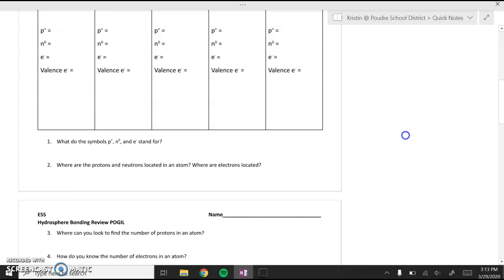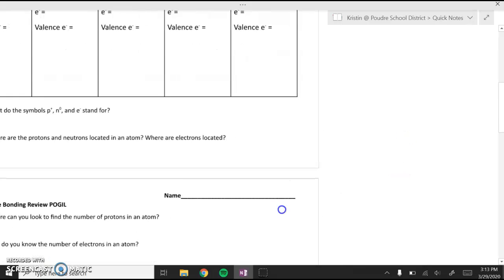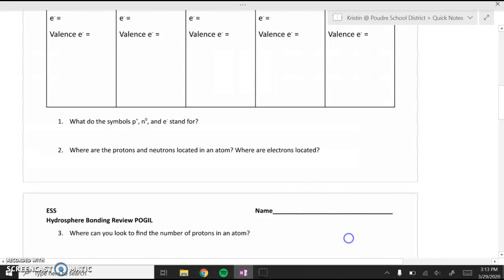So the symbols p plus, n naught, and e minus stand for protons, neutrons, and electrons, respectively.